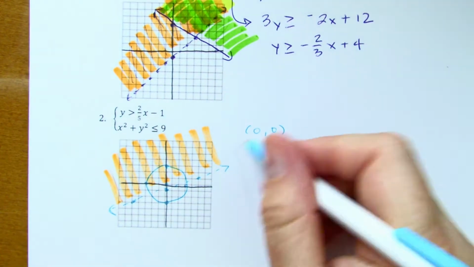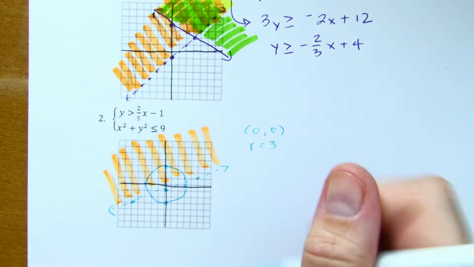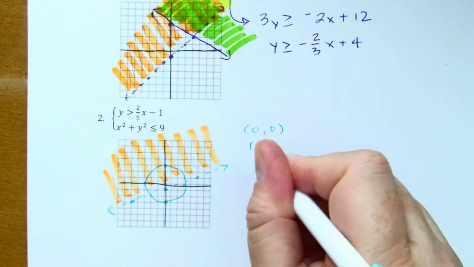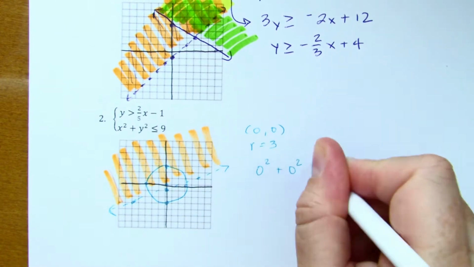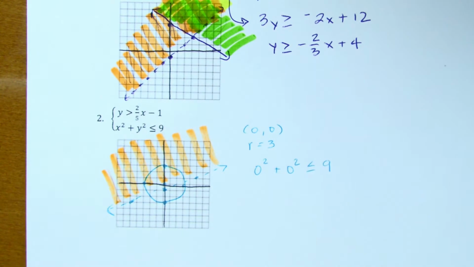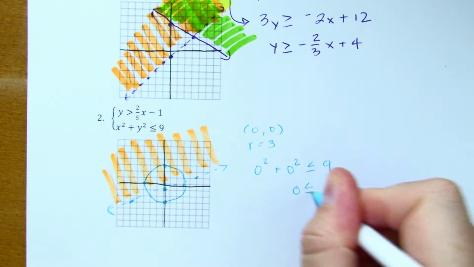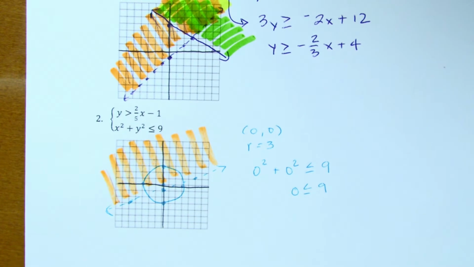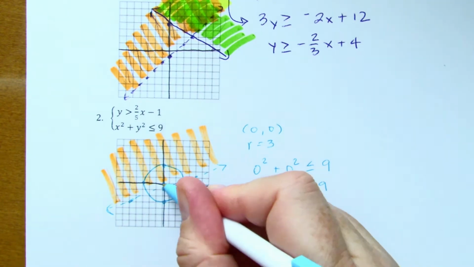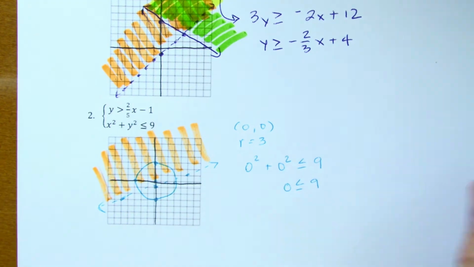I'm going to use a test point, and the easiest point to plug into this is 0, 0. So if I plug in 0 for x and 0 for y, I'm checking to see, is this true? Well, 0 plus 0 is 0, and 0 is in fact less than 9. So this is true. So wherever my test point is, if it's true, we shade in that area.